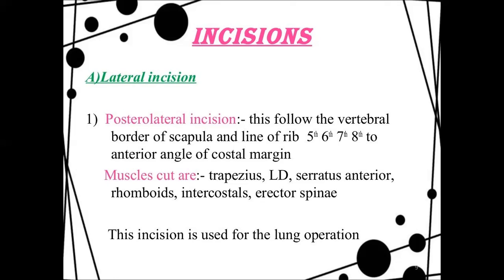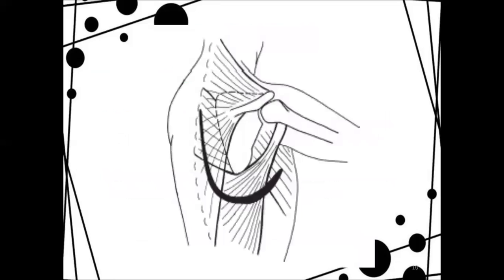Muscles cut are trapezius, latissimus dorsi, serratus anterior, rhomboids, intercostals, erector spinae. This incision is used for lung operations. Here's the picture.